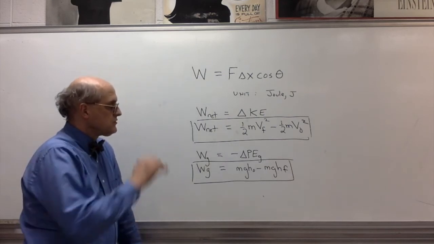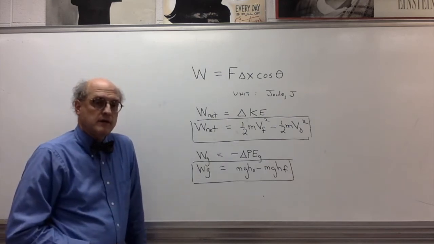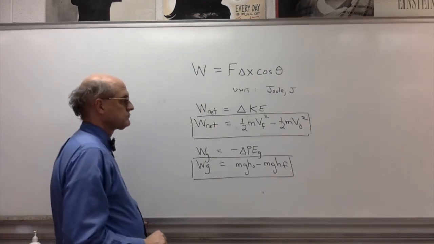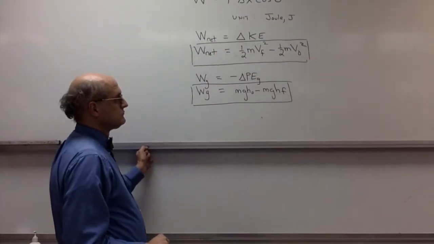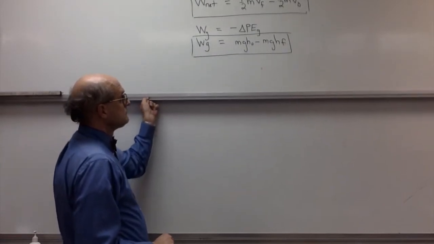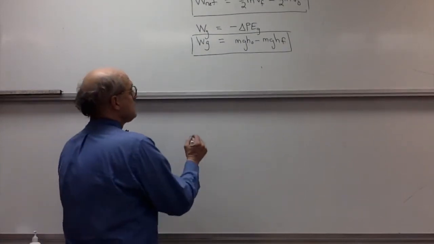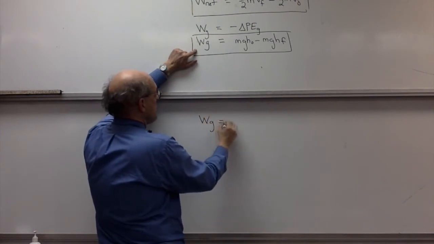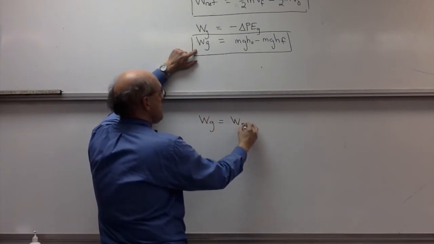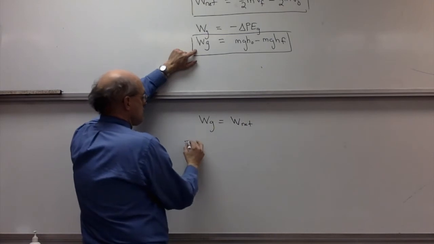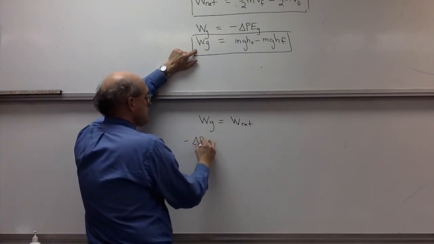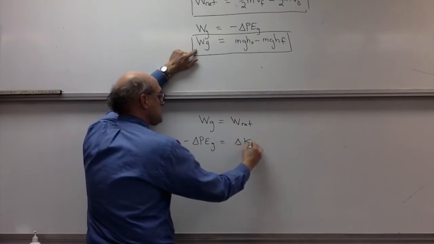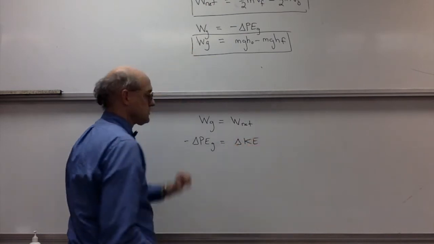Now, suppose the work done by gravity is the net work. If that's the case, we can set the work done by gravity equal to the net work, or in other words, the negative change in the gravitational potential energy is equal to the change in the kinetic energy.